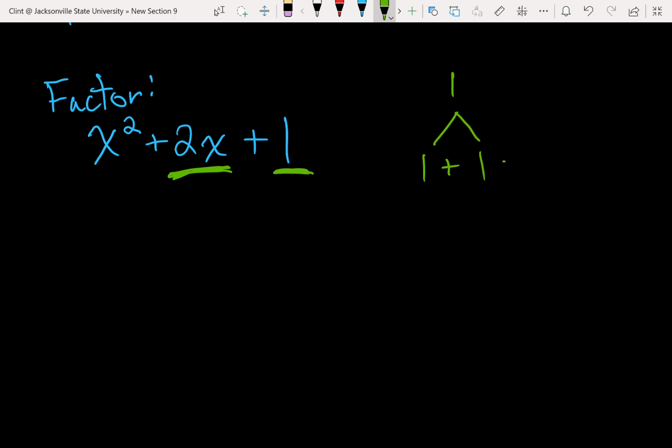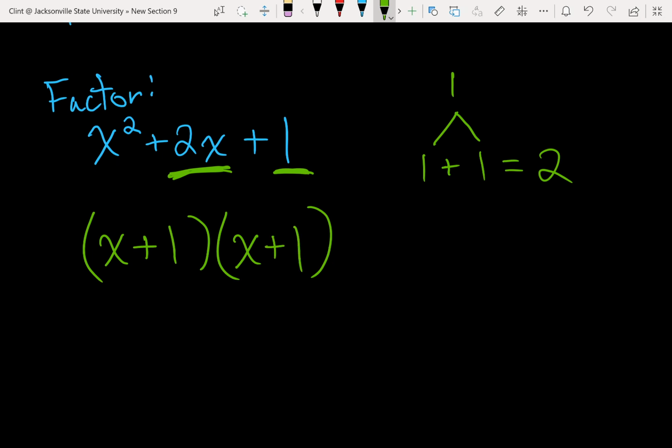If we add those together, we get 2, the middle number. So when we factor here, it takes x times x to get x squared, first terms, and then add positive 1 and positive 1. And if you use FOIL, multiply that out, you should get x squared plus 2x plus 1.